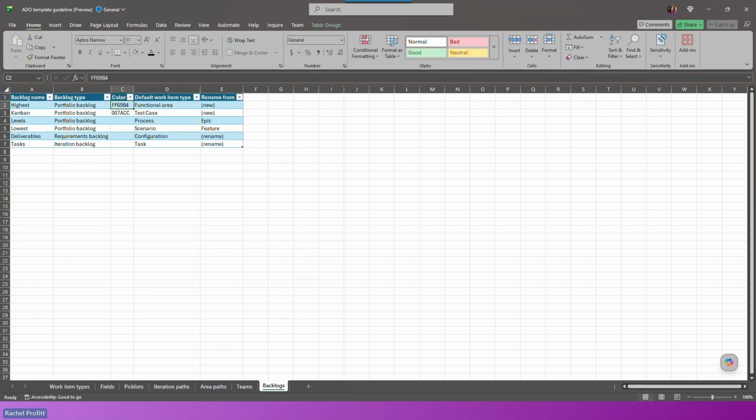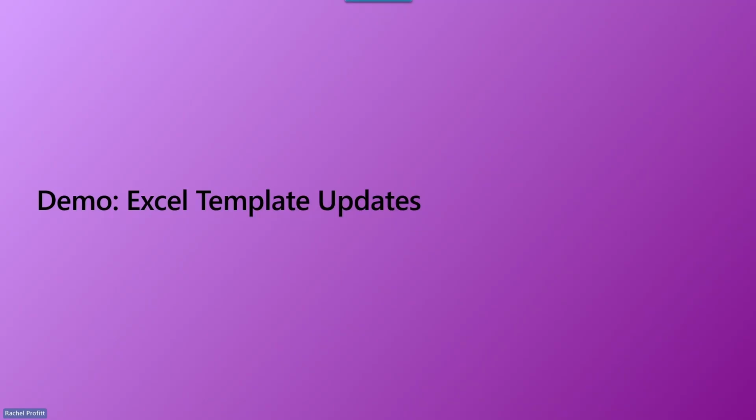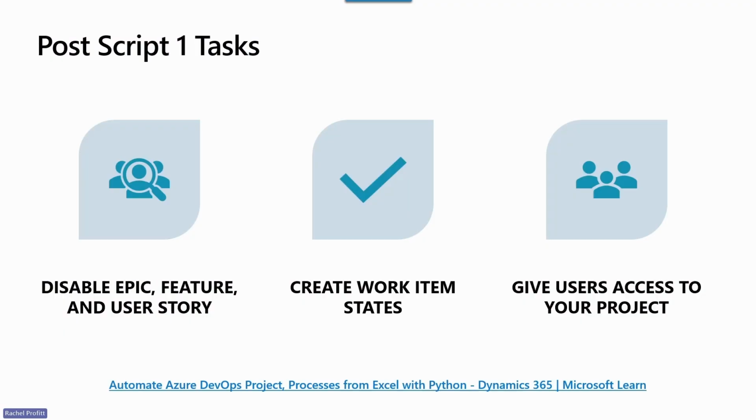So with that, we're going to switch back to the slides, and I'm going to talk a little bit about the scripts in more detail, and talk you through what you need to do after you run the first script. So the Python scripts, I like to run them inside of Visual Studio, and I use GitHub Copilot.